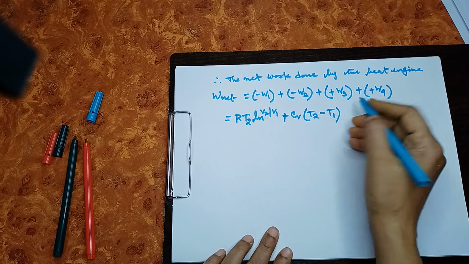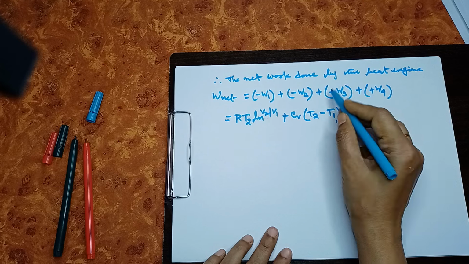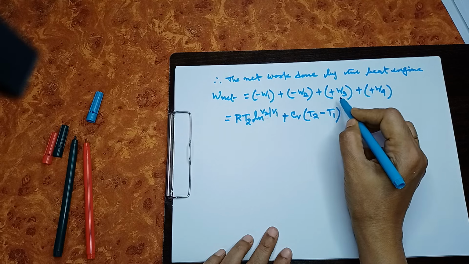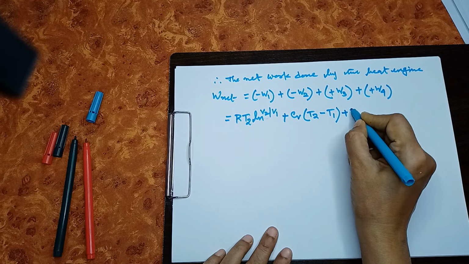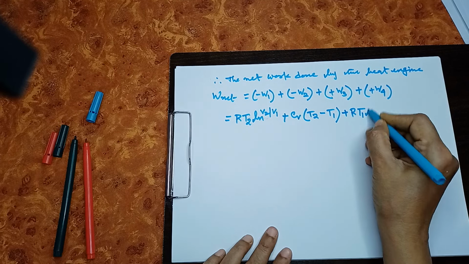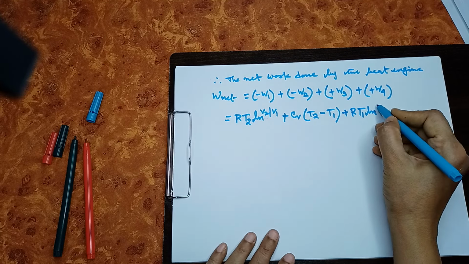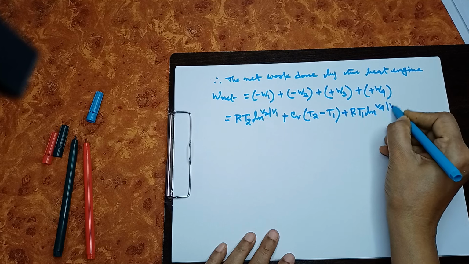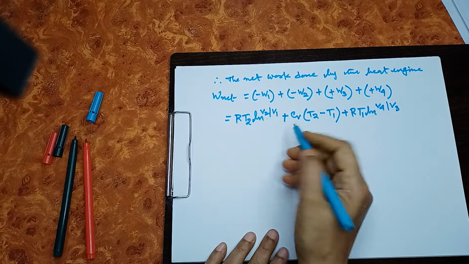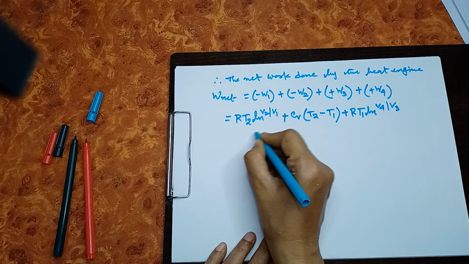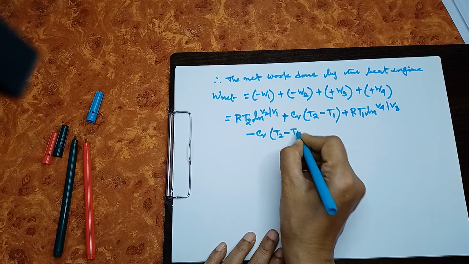Next one is the isothermal reversible compression, that is W3. Work is done on the system. That expression is R T1 ln V4 by V3. And the last one was W4, that is minus CV, T2 minus T1.